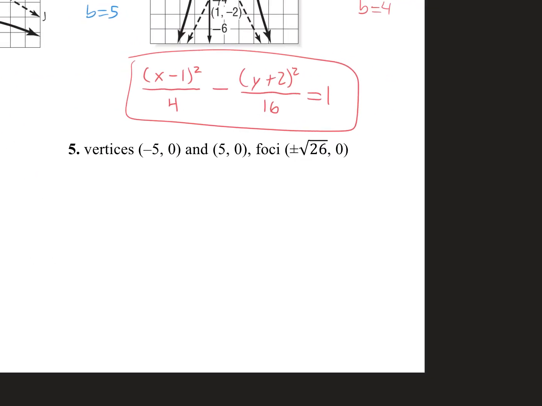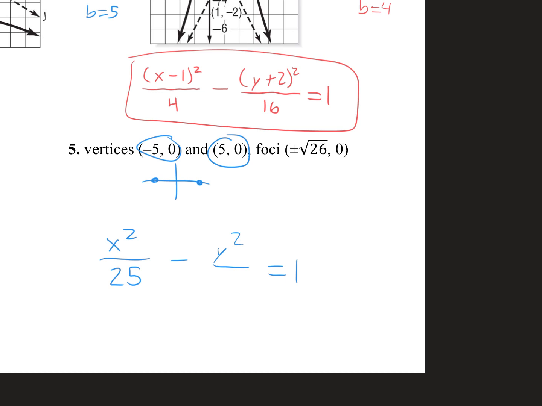All right, on number 5, if you graph those points, you see that they are side by side. So this is a horizontal hyperbola. It is centered at 0, 0 because the midpoint of the two vertices is 0, 0. So it's going to be x squared over something minus y squared over something equals 1. We can see that from 0, 0 to either of these would be 5.